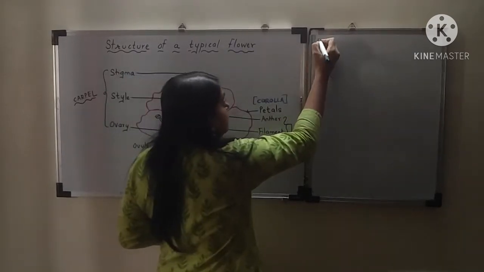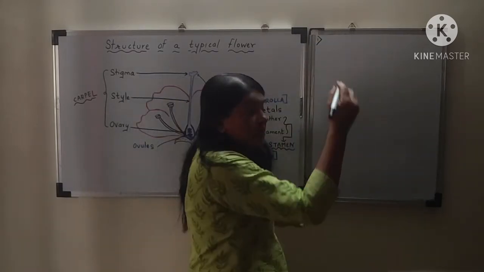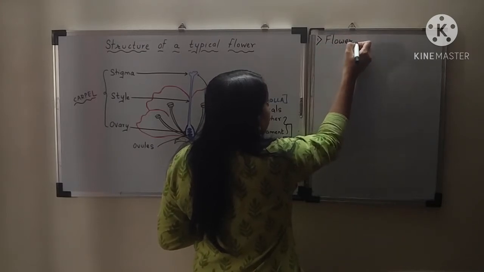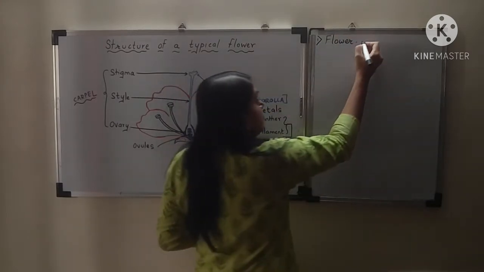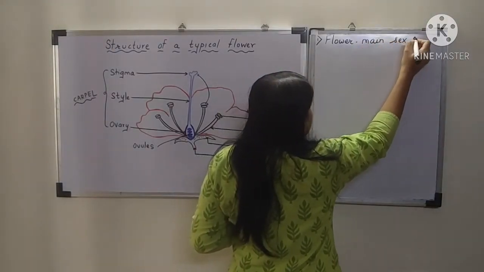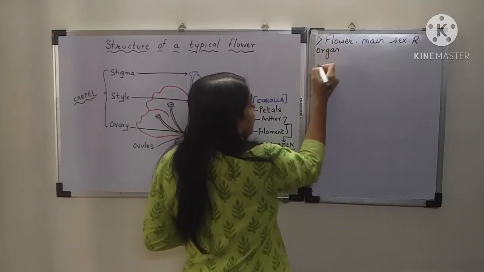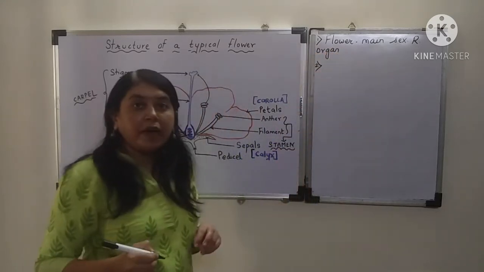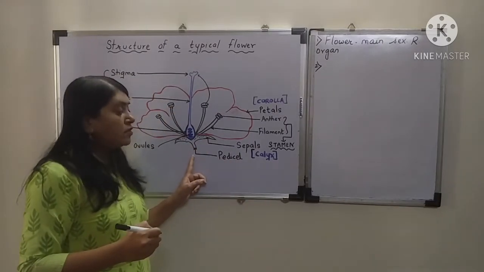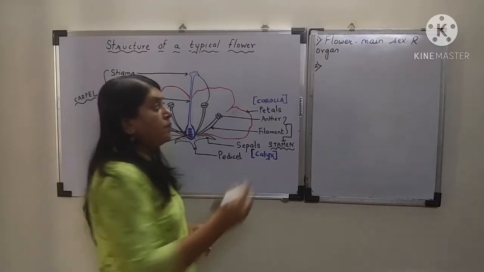Your first point, whenever you are explaining, is always that the flower is the main sexually reproducing organ of the plant. Second point, you will say, if the flower has a stalk, it is called a pedicellate flower.